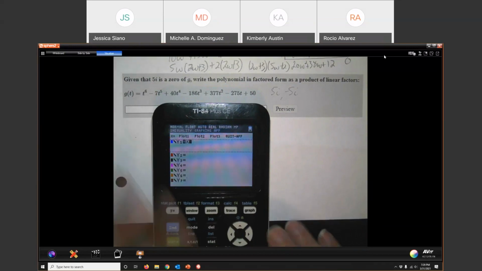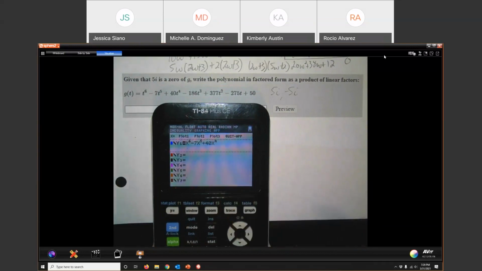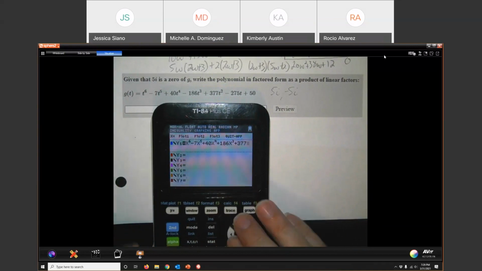So x to the 6th minus 7x to the 5th, 40x to the 4th, to the 3rd, 7 squared.